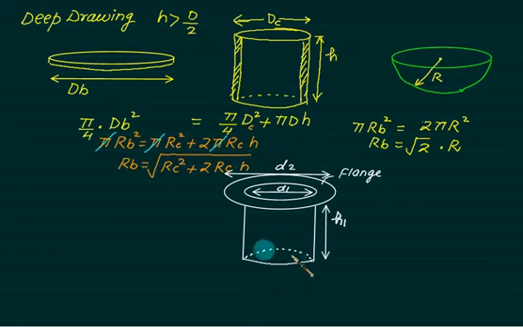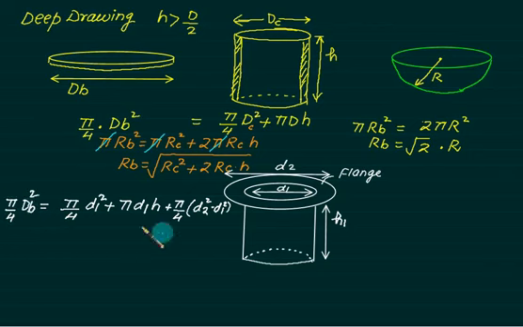So what is the area required? How much area is required at the bottom? Area required at the bottom is pi by 4 into d1 square. How much area is required for the side wall? That is the circumferential area, equal to pi multiplied by d1 multiplied by h. And the flange is basically a hollow circle, so that requires a material of pi by 4 into d2 square minus d1 square, and this area is to be balanced by the blank diameter.